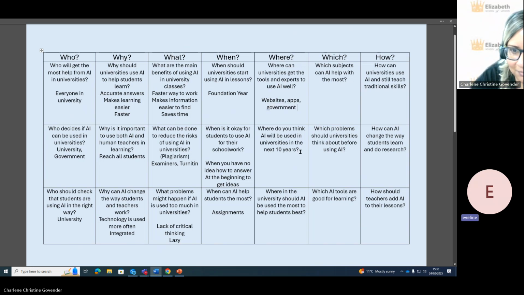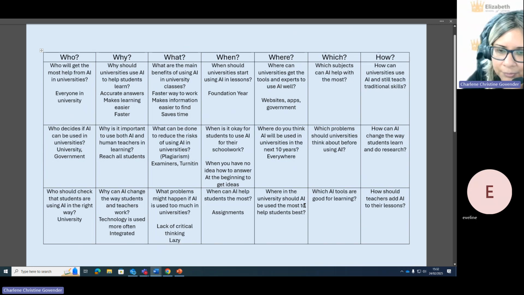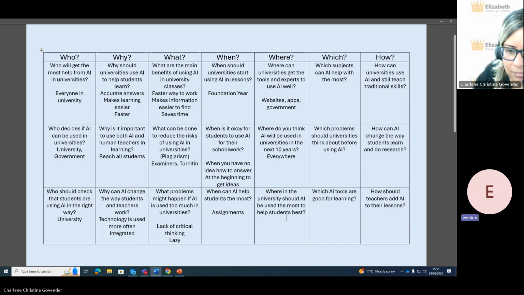Where in the universities? Like in the classrooms, library? I think everywhere. Let's see, everywhere. Okay. Right. So where in the university should AI be used to help students best? The classroom. Okay.